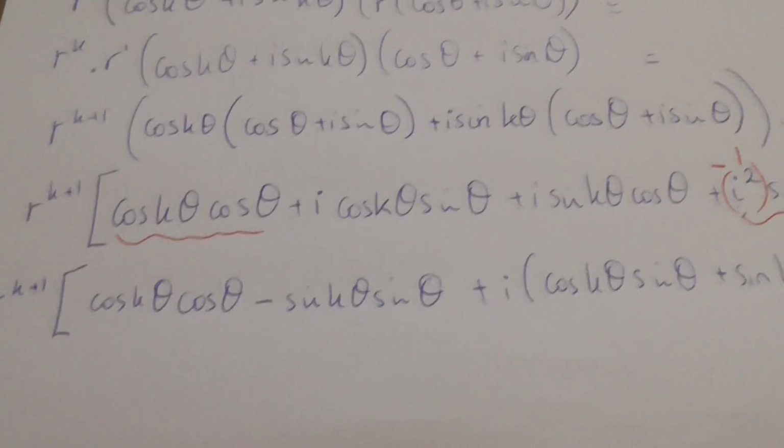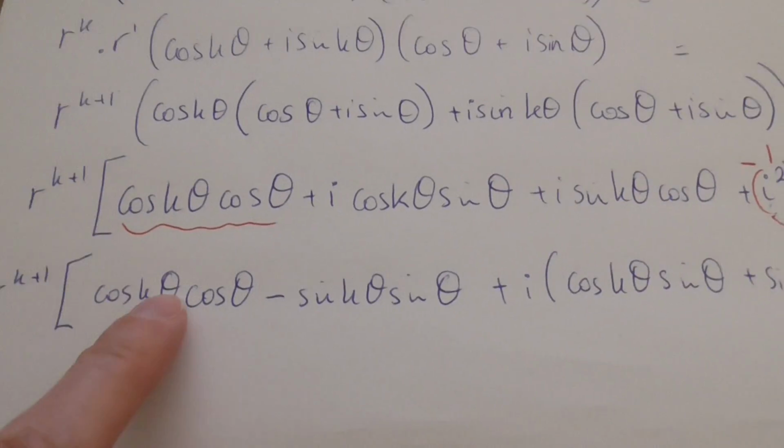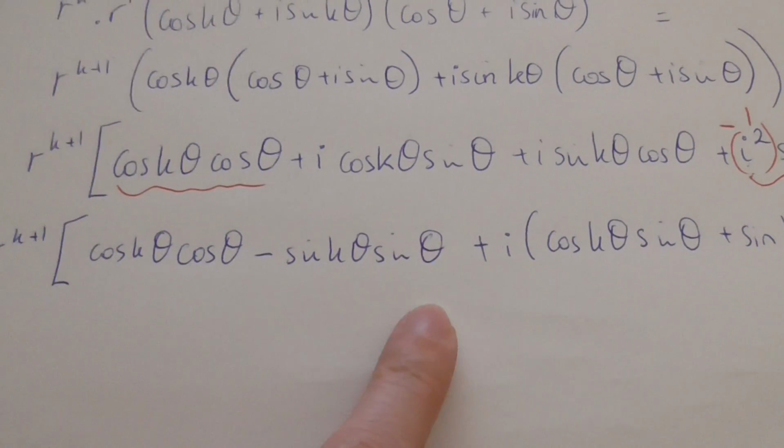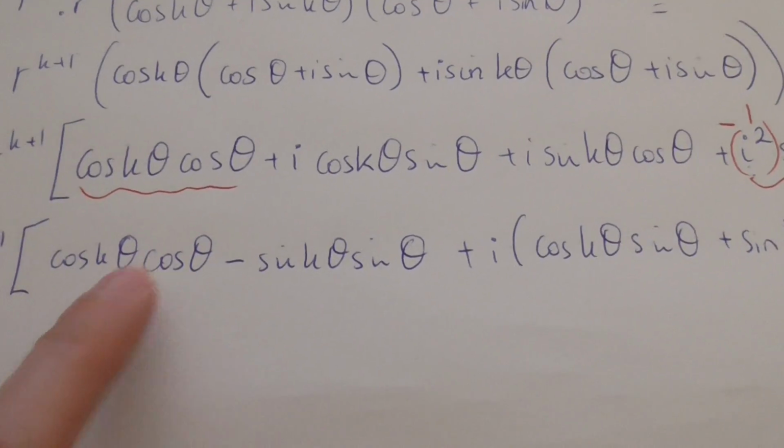So if you can find a formula that looks something like this, where you have cos of an angle, cos of an angle, minus sine of an angle, sine of an angle. That angle is k theta and that's k theta.